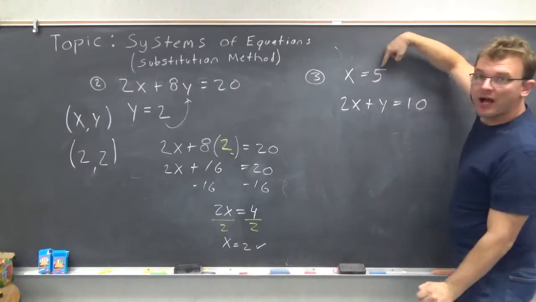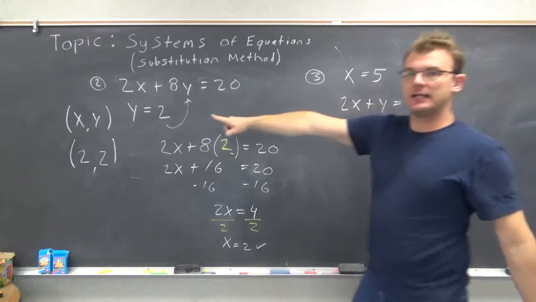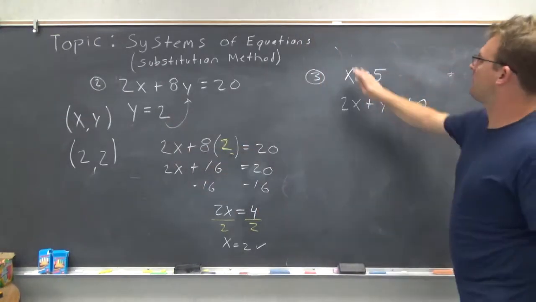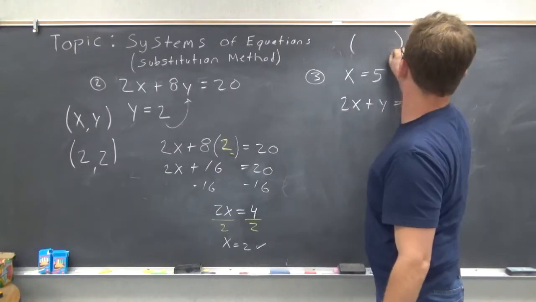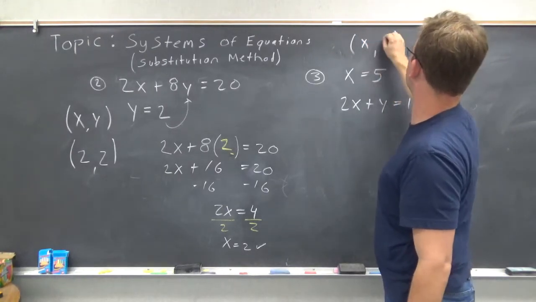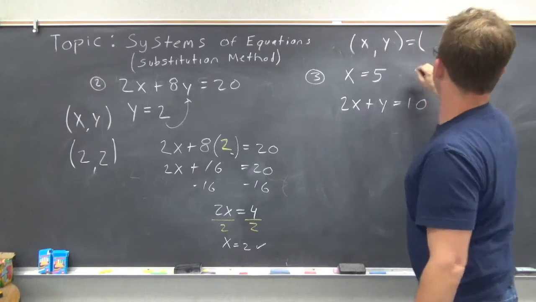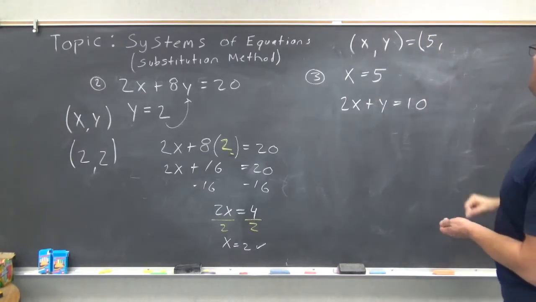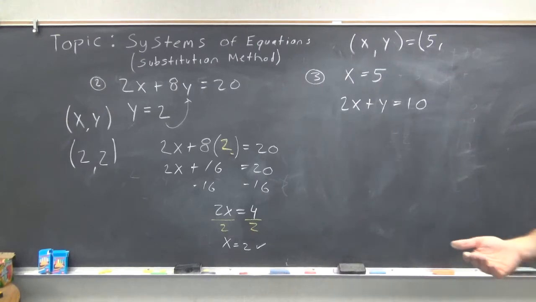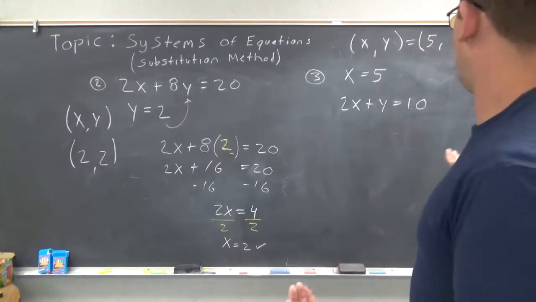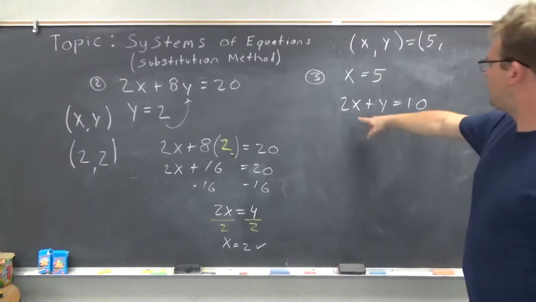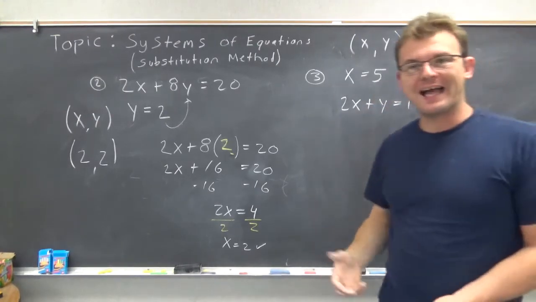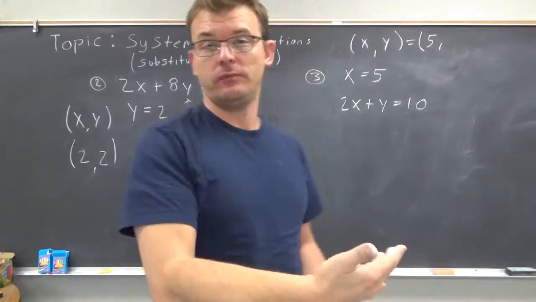You have x equals 5 already. Just like number 2 here, you have one of the solutions. You have x already. So on the top, go x, y, but you already have 5 for the x. Well, what can I do with that? You're going to use this bottom equation and you're just going to substitute what that x is.